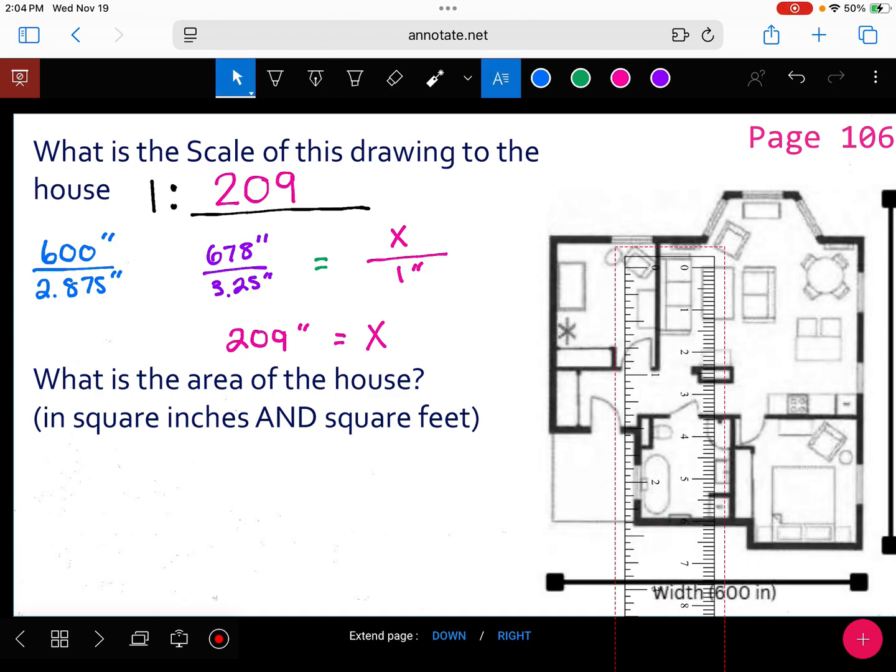So this rug being 1 centimeter long right here, in the real world it's 209 centimeters. If I use inches, this wall is about 1 inch, it's going to be 209 inches. If I use feet, if I could measure 1 foot on this picture, it would be 209 feet in the real world. So scale is not written in a particular unit. This is convertible to everything.